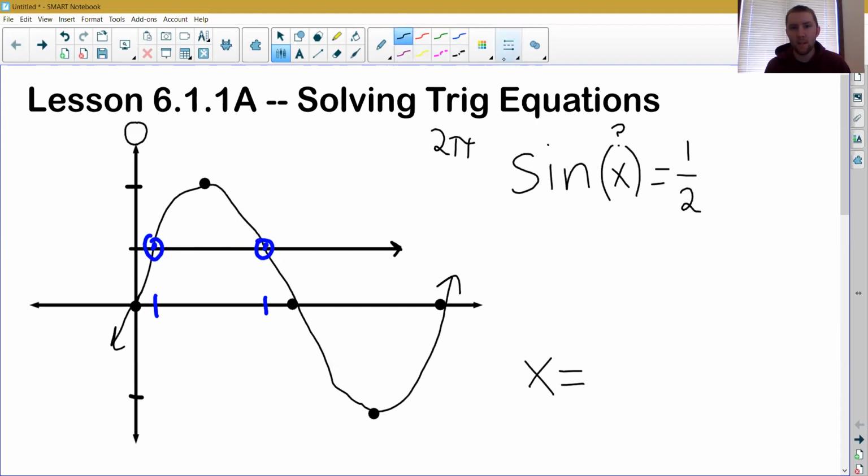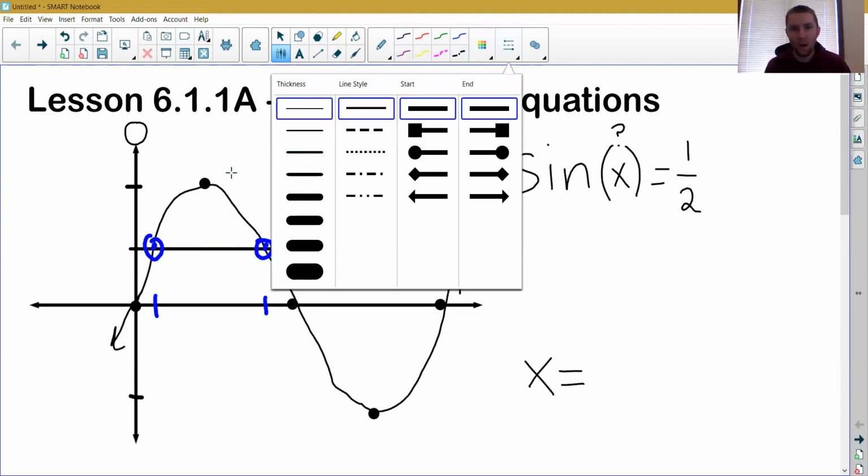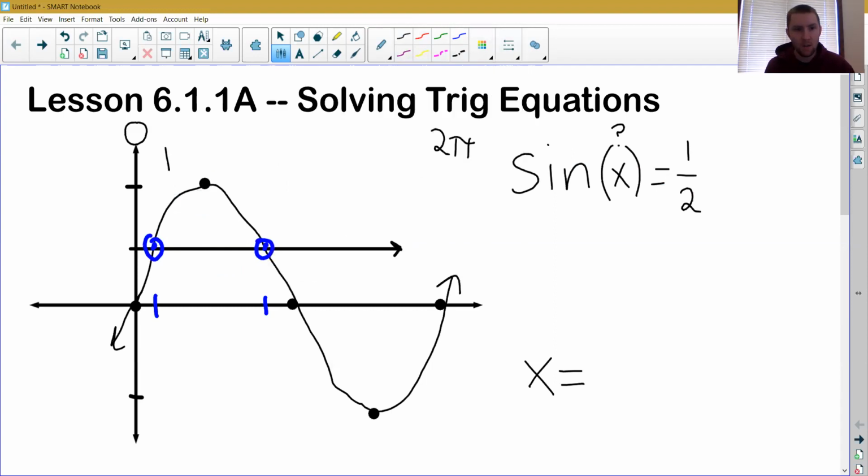When they ask us to explain why this graph shows multiple solutions, we just say that's because the lines intersect twice.